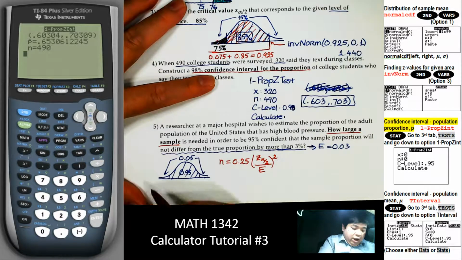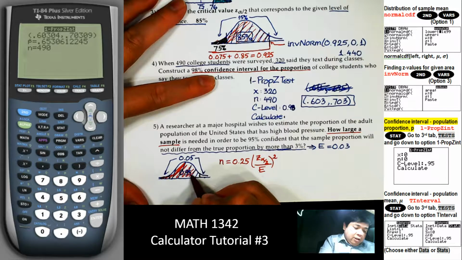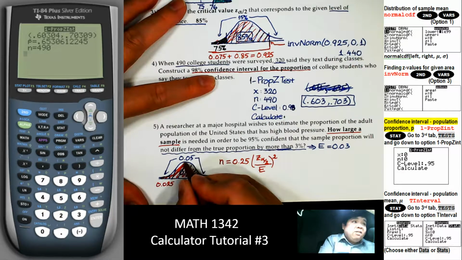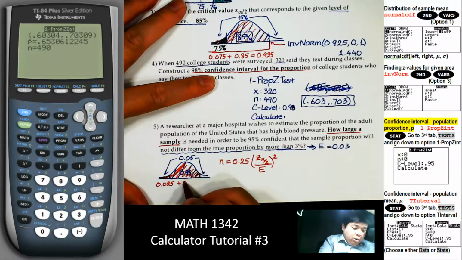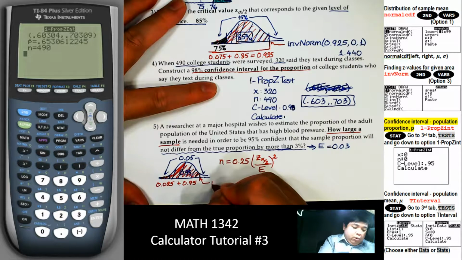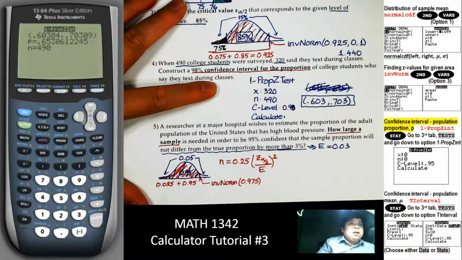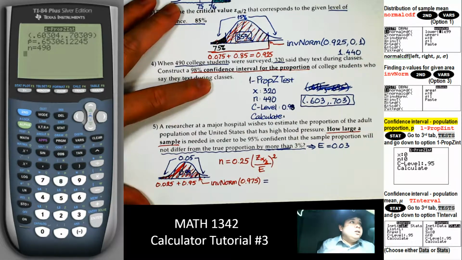So the total we have on this is 0.025, half of that, plus 0.95, and then we do the inverse normal of that, which will be 0.975. So we do that.